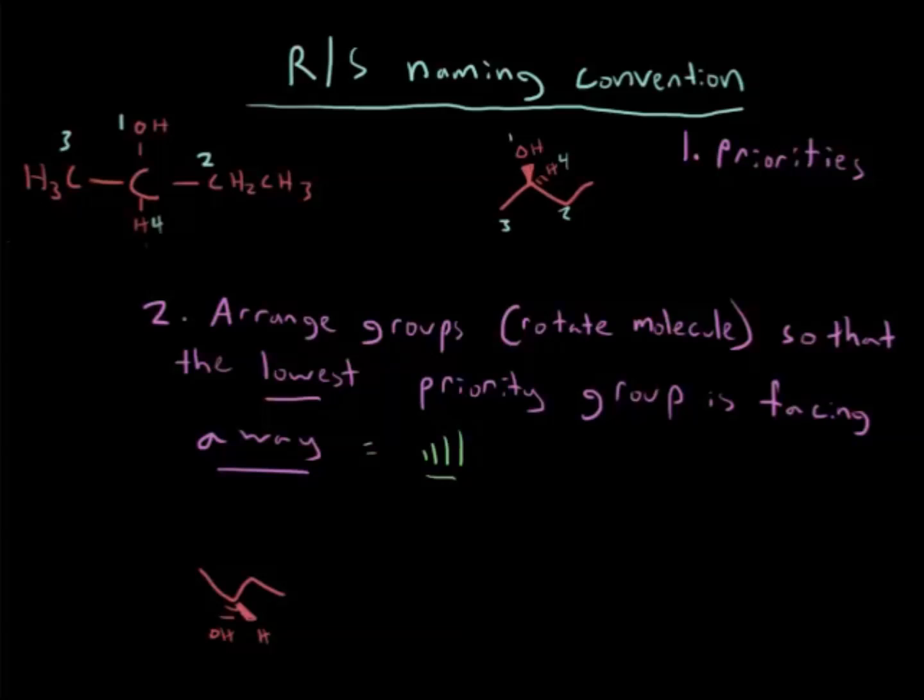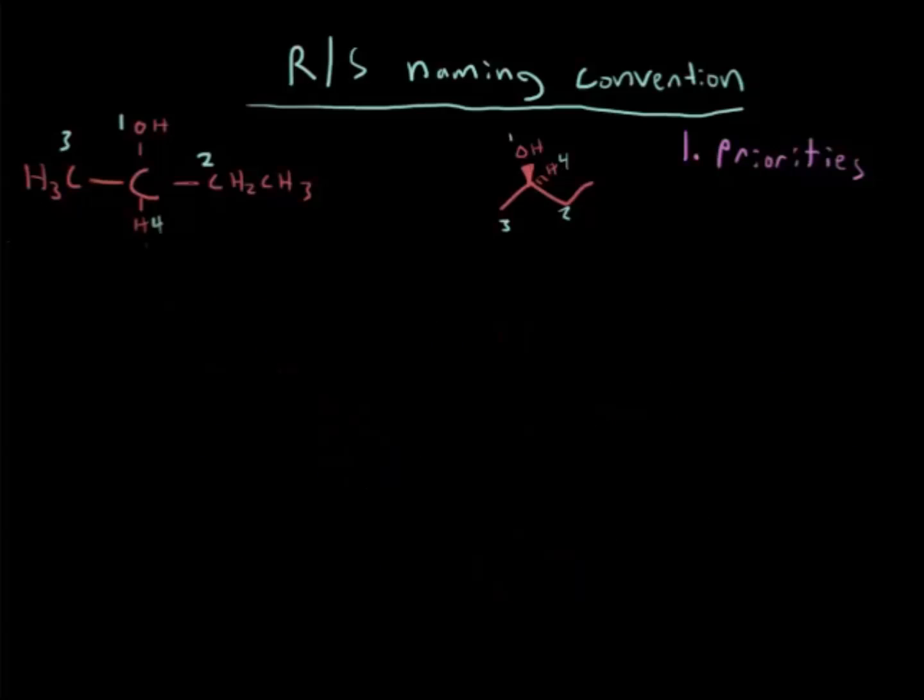And we know that our hydrogen is our lowest priority group. We need that backwards, so we need to flip this upwards. And we end up with what we started with. So we're in good shape. So after step 1, priorities, step 2 is we put our lowest priority group away from us.